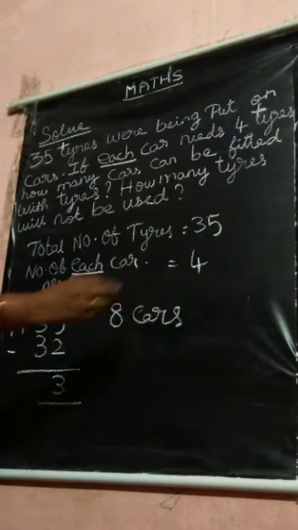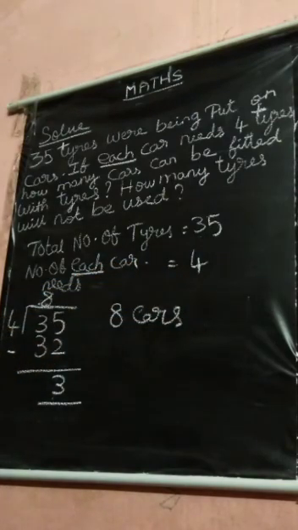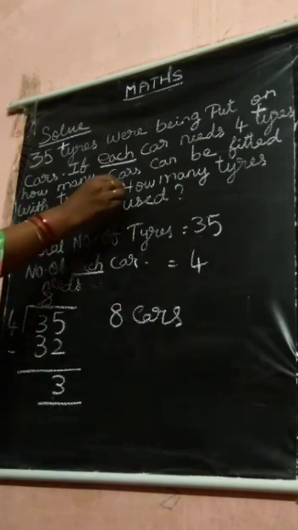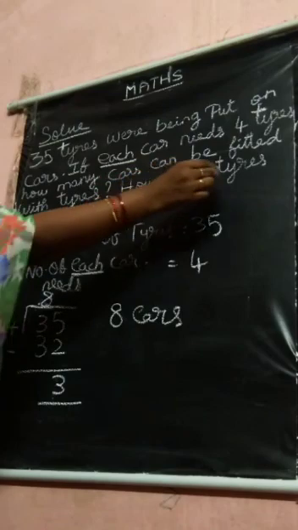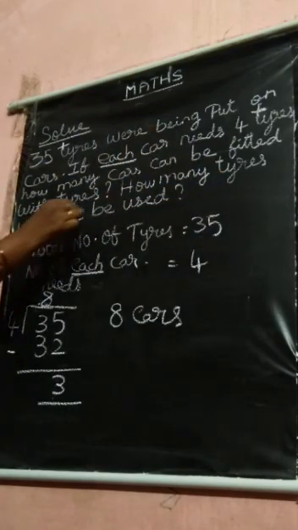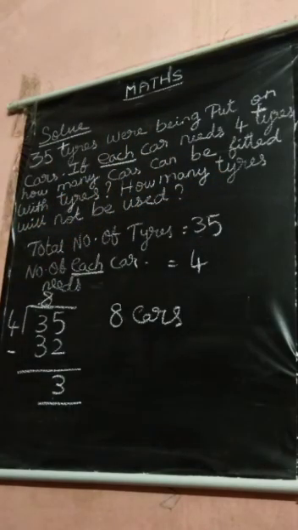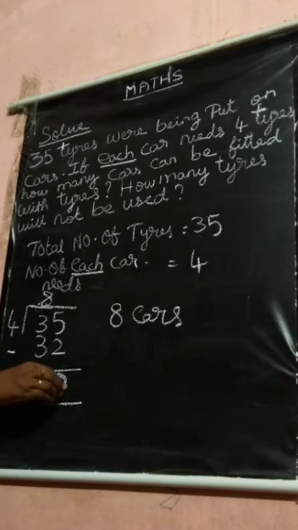8 cars fitted with tires. The next question is asking how many tires will not be used. How many tires are remaining, ma'am? 3 tires are remaining.